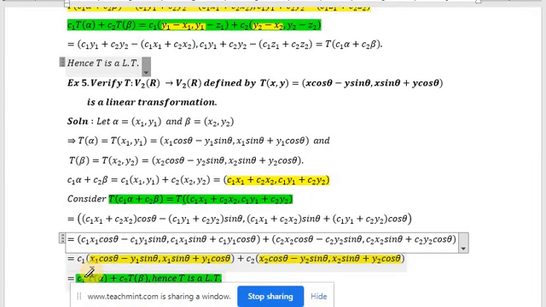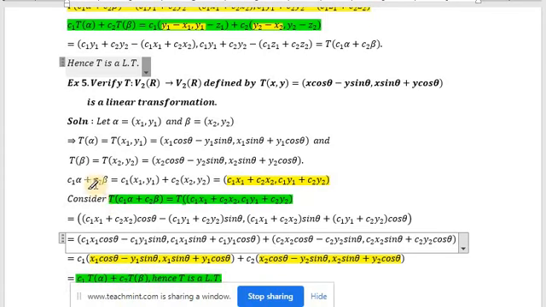So when you remove C1, you will get x1 cos theta minus y1 sin theta, comma x1 sin theta plus y1 cos theta, plus C2 when you remove in the second term, that is x2 cos theta minus y2 sin theta, comma x2 sin theta plus y2 cos theta. x1 cos theta minus y1 sin theta, comma x1 sin theta plus y1 cos theta is nothing but T of alpha, and x2 cos theta minus y2 sin theta, comma x2 sin theta plus y2 cos theta is nothing but T of beta. So which is equal to C1 T of alpha plus C2 T of beta.